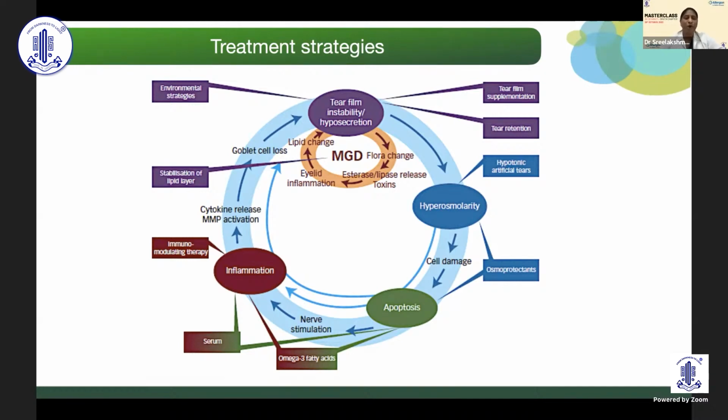Coming to the immunomodulators, sometimes they are like Restasis. It may be helpful when there is inflammation concomitantly. And stabilization of the lipid layer is the mainstay for meibomian gland dysfunction. So these are the treatment strategies available.